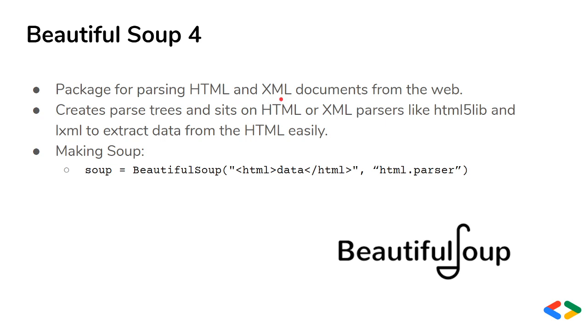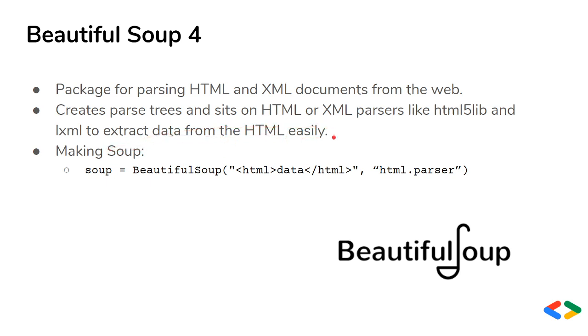The format will be in such a way that you can easily access various parts of information using very simple functions. So this is how Beautiful Soup will make our lives easier. It will form a parse tree and sit on the HTML so that you can easily extract data from the HTML.